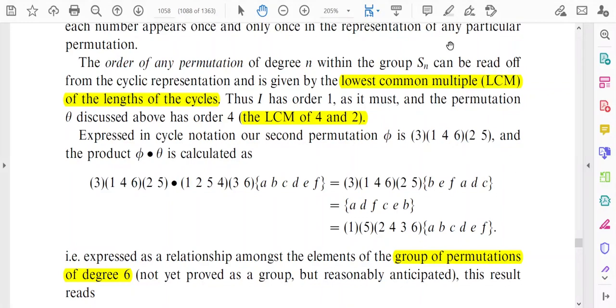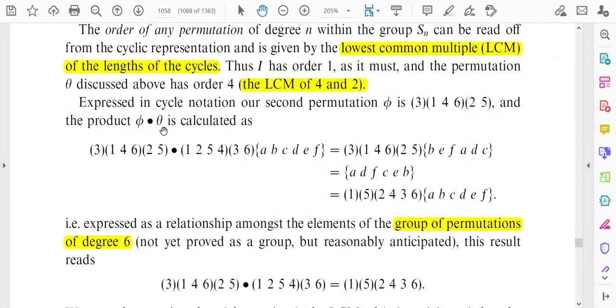Now suppose we want to calculate the product of phi and theta. So we are representing phi in this way, we are representing theta in this way, which is acting on ABCDEF. Now when theta acts on ABCDEF, we get BEFADC, which we have already discussed, and when phi acts on BEFADC, we get ADFCEB. It was also discussed before.